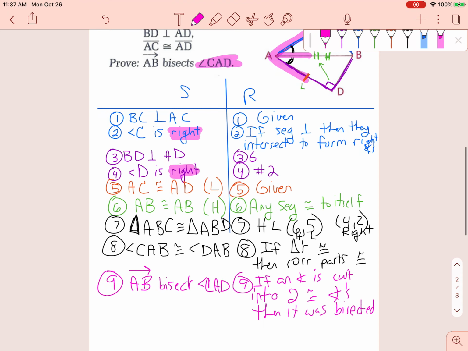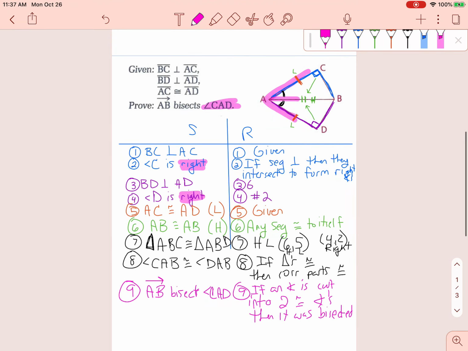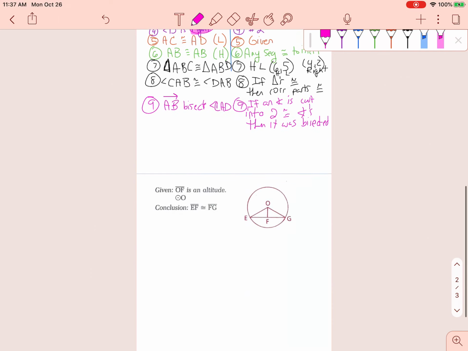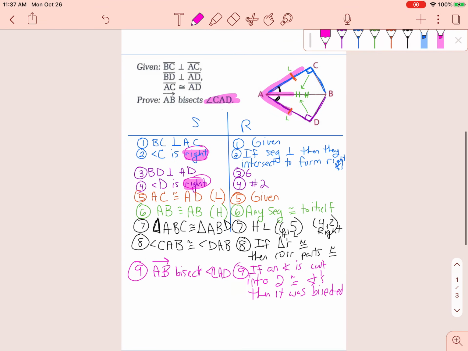So that is the converse of the definition of bisect. An angle that was bisected has two congruent angles. So if an angle has two congruent angles, then it was bisected. So you can see I'm using hypotenuse leg. I stated that there's a right angle in the blue triangle. There's a right angle in the purple triangle. I stated the hypotenuse, and I also stated the leg. So we'll do one more example of this in class.